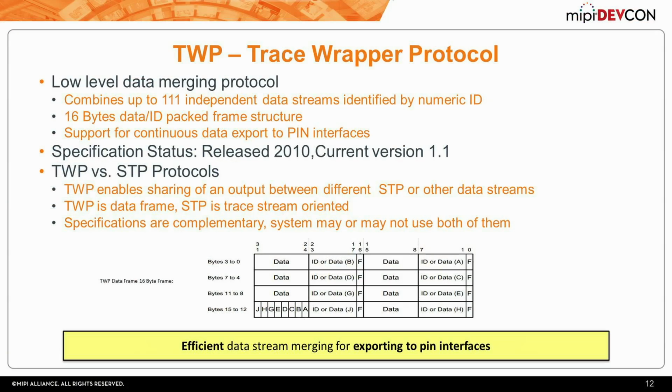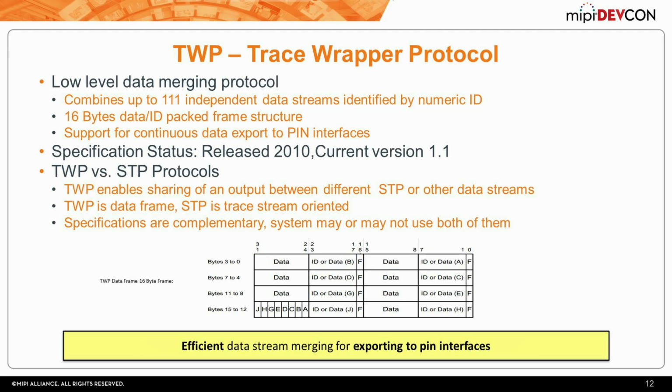The second protocol was the TWP, the trace wrapper protocol, which is what I mentioned earlier when I showed the simplified diagram, the second level data merge. TWP is a pure merge protocol, so it doesn't have trace message semantics anymore. It's used to combine independent data streams, and it does so in a hardware-friendly fixed size record format.